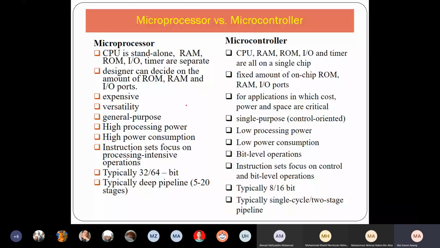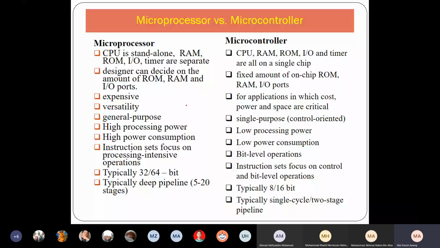But if you use the old Nokia, whatever, 3310, where you can just make calls and receive calls, no internet, nothing, then you use a microcontroller because everything is fixed. How many messages you can store in your phone, how many contact numbers you can store.